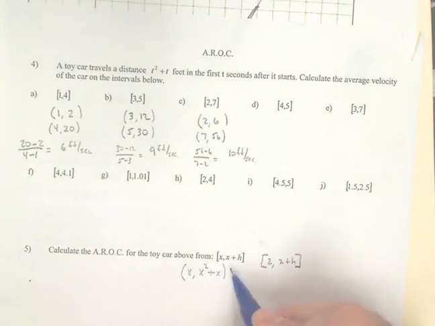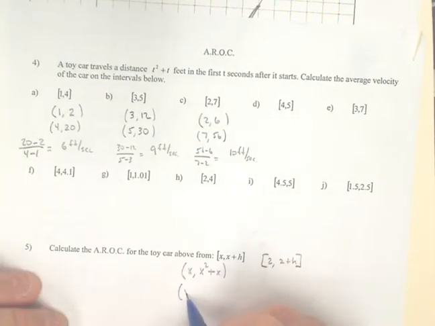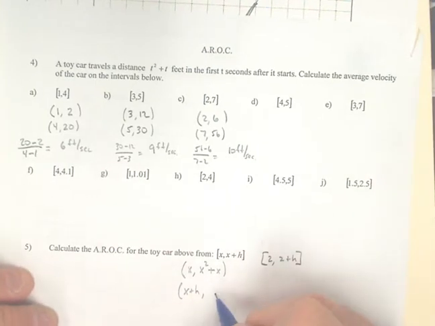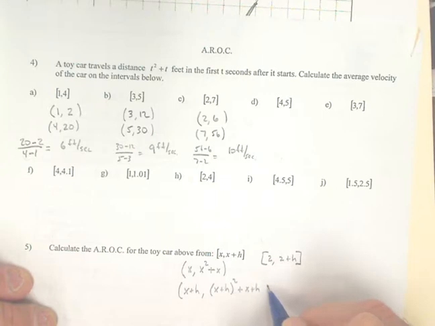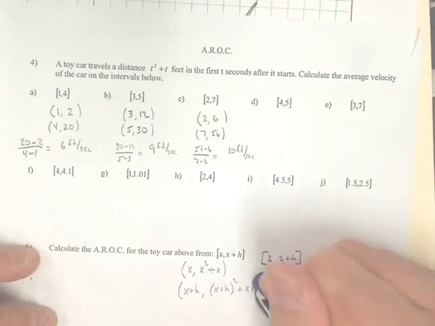The second coordinate point comes from the x plus h. That's our x value. Now we have to stick x plus h into that equation up above. If I did that and not do anything else besides just sticking it in, I'd get that. I should write that as a coordinate point, sorry.